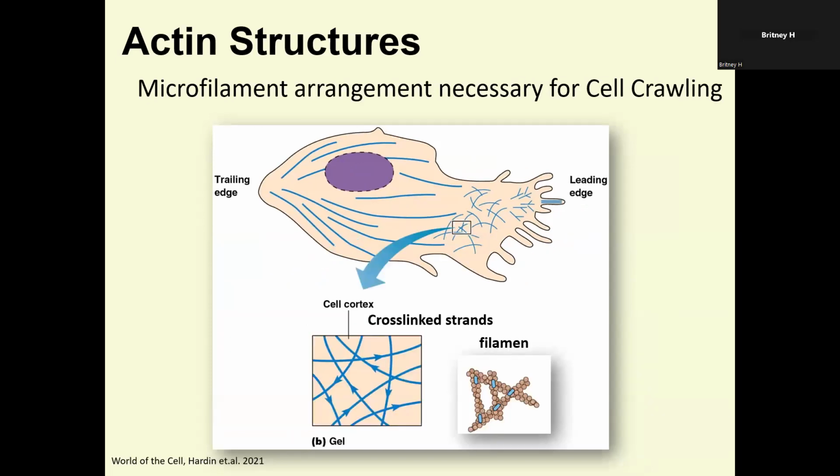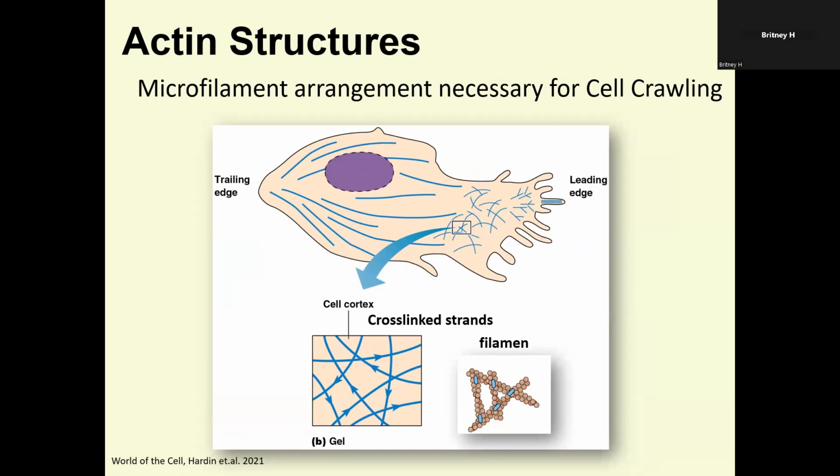Another thing, now this is not necessarily part of cell crawling, but another thing that's really important are microfilament gels or actin gels. And, as we're looking at them here, they look like 2-dimensional structures, but they're really 3-dimensional structures. And all they are is just microfilaments that cross over each other.